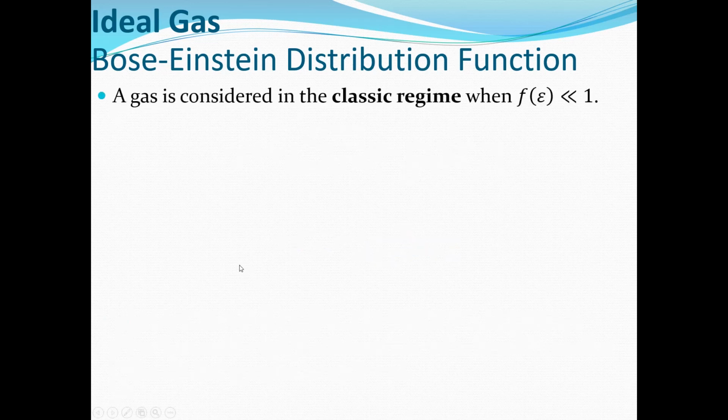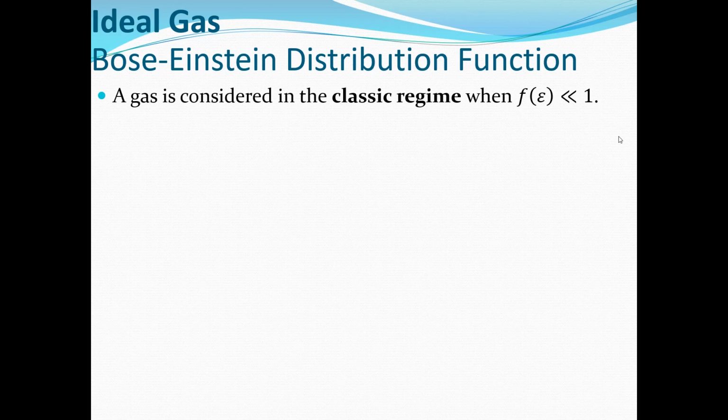All right. So going back to the idea of classical regime and quantum regime, here what we can say, based off of our occupancy equations, the distribution functions, is that the gas is considered classical when this average occupancy is much less than 1. The reason for that is that there are more available energy levels than there are particles.